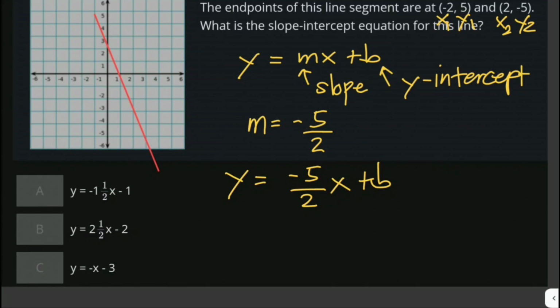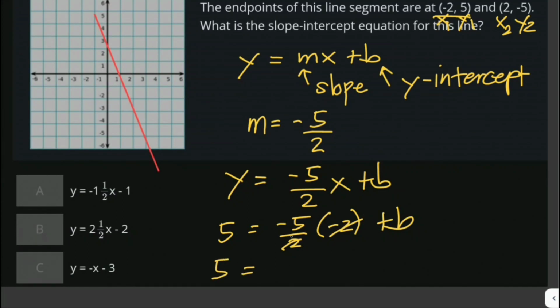So let's say we use -2, 5, this one. So 5 equals -5 over 2 times -2 plus b. This cancels out. So we have 5 equals -5 times -1, which is 5, plus b. Therefore, b is just 5 minus 5, and it's equal to 0.